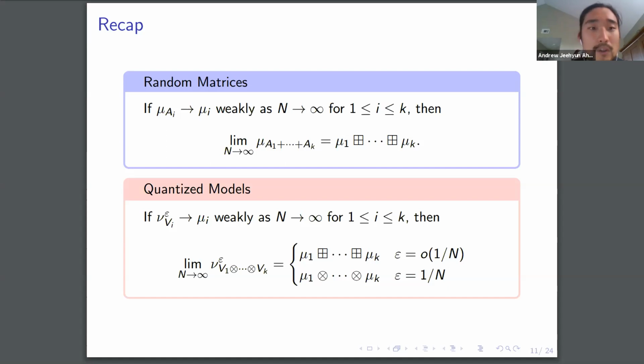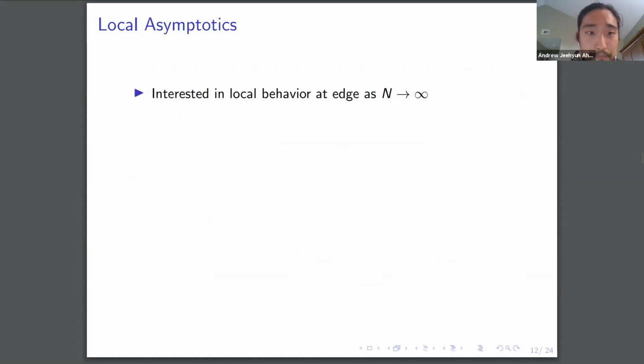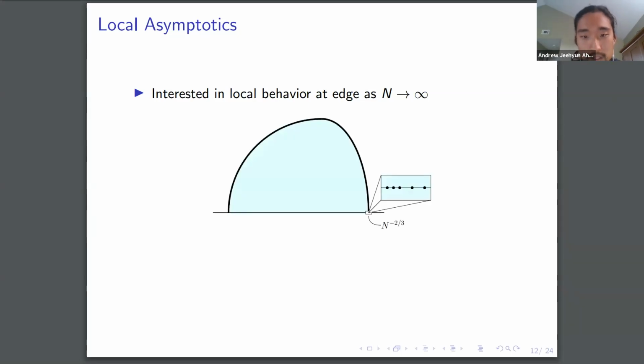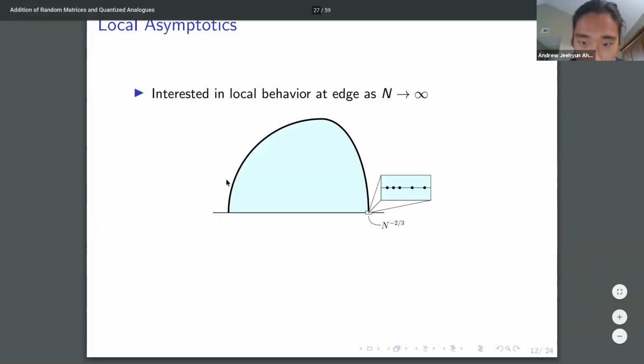Okay, so I will move on then to questions about local asymptotics. In particular, we'll focus on the question of local asymptotics at the edge of these models. So here's the cartoonish picture that I have for it.